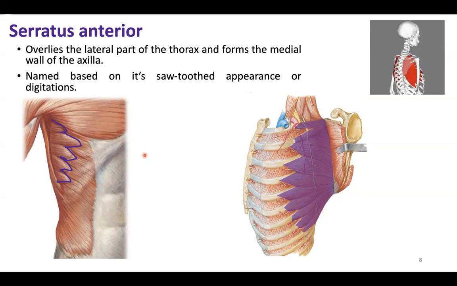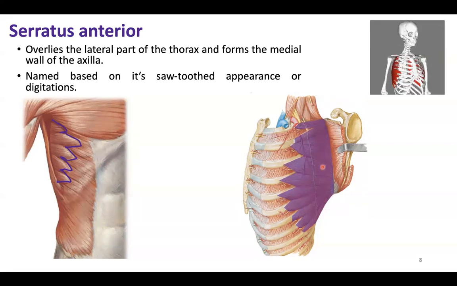The other anterior axioappendicular muscle is the serratus anterior muscle. Serratus is named based on its shape. It has a sawtooth appearance, or it has digitations. Serrated means sawtooth appearance. Serratus anterior covers the lateral aspect of our thorax, or our chest, as you see it.